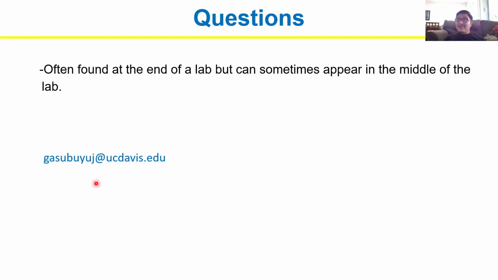There's a lag when you send me a message through Canvas. I don't know why, but it sometimes takes a couple of hours for them to notify me that I have a message. But my email notifies me immediately. So if you want a quicker response, just use my email.